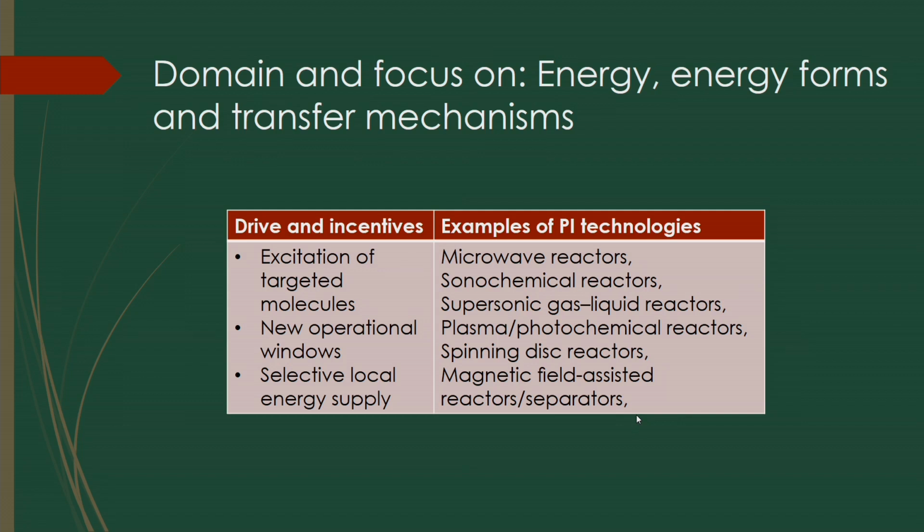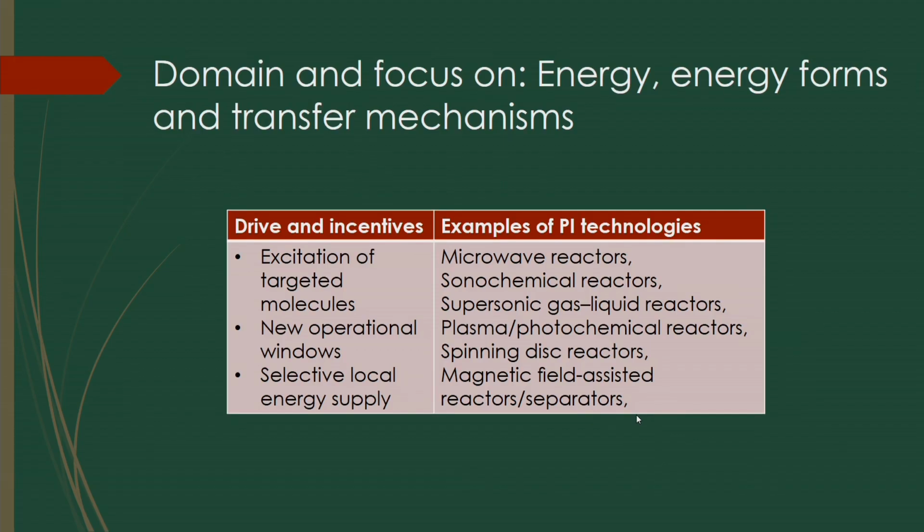Even some energy forms and their mechanisms are considered for heat and mass transfer, like excitation of the targeted molecules, which is sometimes done for reactions before going to the main processes. New operational windows and selective local energy supplies are also to be considered for an intensified way to get process intensification, like microwave reactors, sonochemical reactors, magnetic field assisted reactors, and spinning disk reactors.